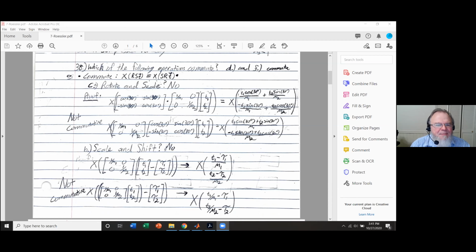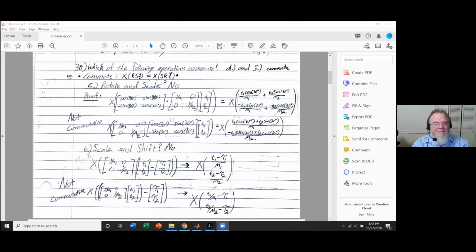I ended up doing mine out of order. So this first one's actually C, and I drew out the rotation matrix and the scaling matrix and applied them in one direction and then the other direction. And as you can see, if you apply scaling first, you scale T1 and T2 individually by M1 and M2.